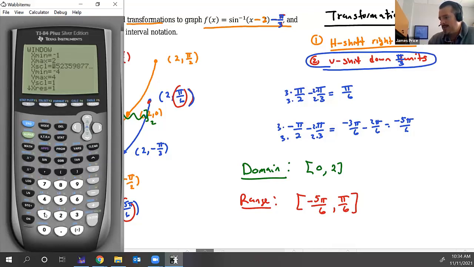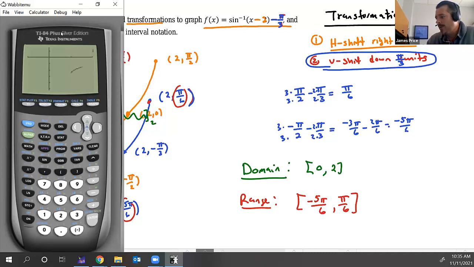I'm going to change my scales back to 1. And then for y min and y max, I'm going to go from negative 5 pi divided by 3, and I'll go up to pi over 2. That's fine with me. Second pi divided by 2. And then if you hit the graph, you should see we get the same sort of graph we got over here, right?